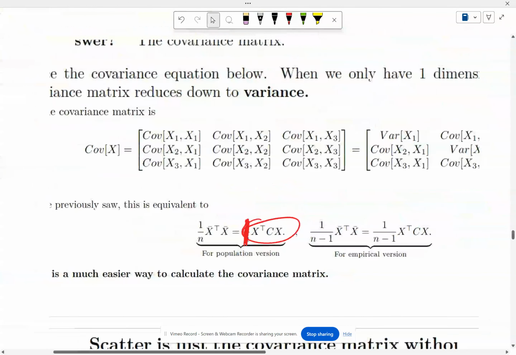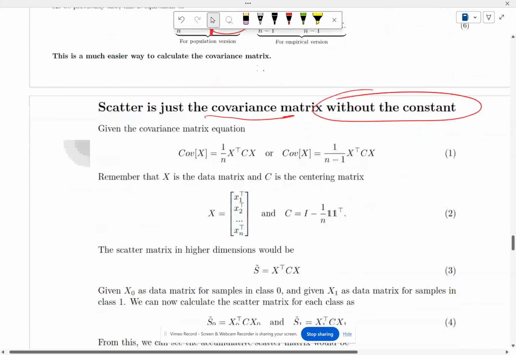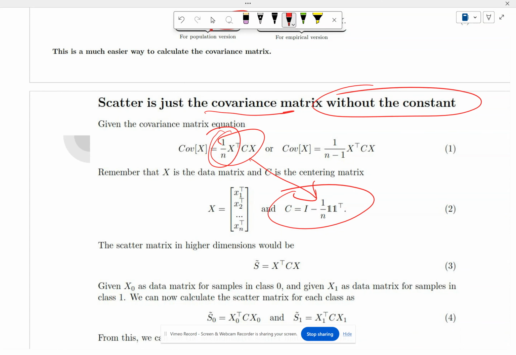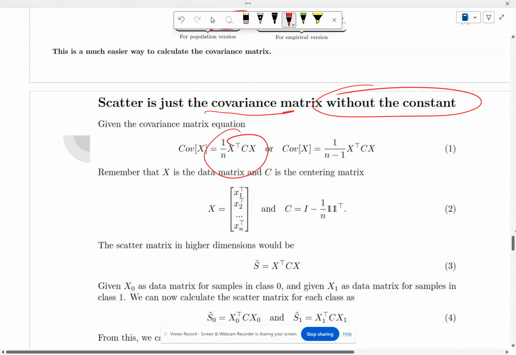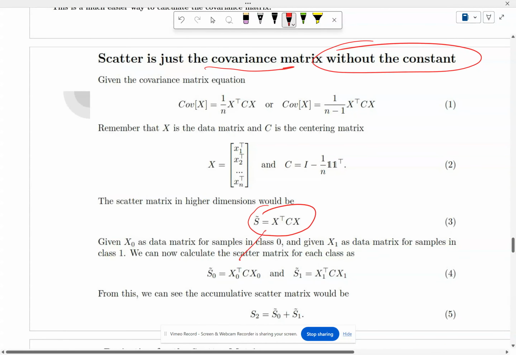So you can calculate the scatter. Scatter is just the covariance matrix without the constants. Remember, C was that centering matrix that we did. And therefore, this and the scatter are almost identical. The only difference is a constant is left out. And that's it. So from this, we could calculate the scatter for class 0, all the points in orange.